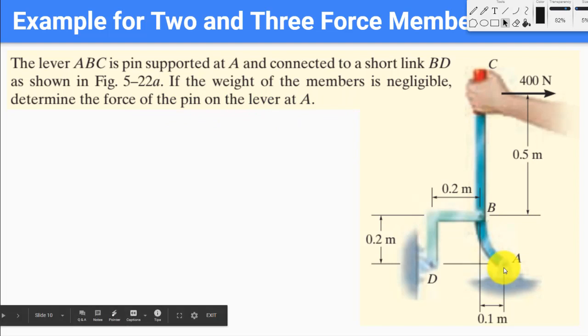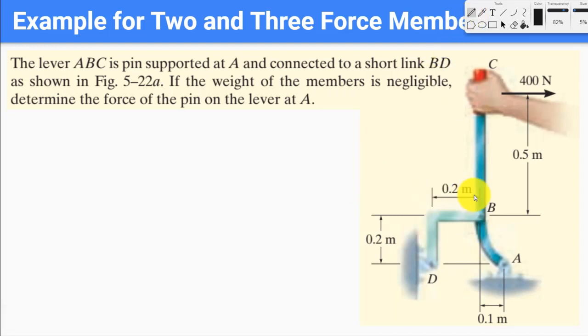We want to find the force provided by the pin to the lever at this point A, which is the reaction force. So how does the two-force member concept help us here? In this case, we can see that member DB is a two-force member. What does that mean?